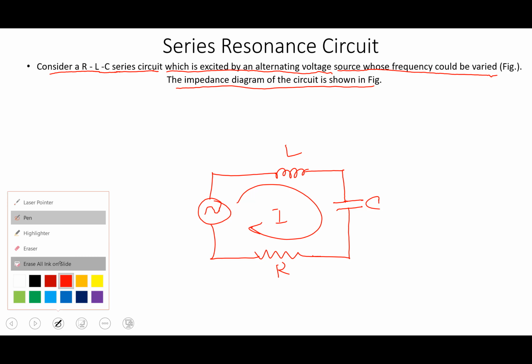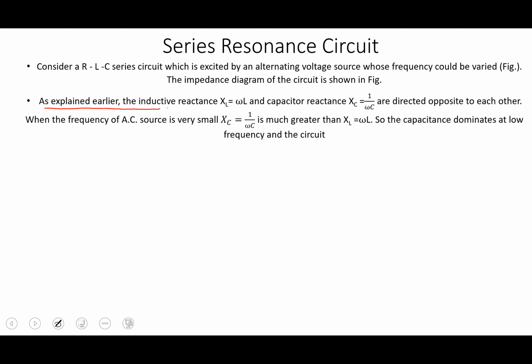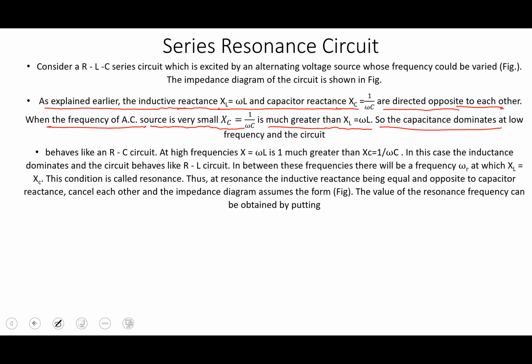Let's study that. As explained earlier, the inductive reactance is XL equals omega L, and the capacitive reactance is XC equals 1 over omega C, directly opposite to each other. When the frequency of the alternating current source is very small, XC, which is 1 over omega C, is much greater than XL, which is omega L. So the capacitor dominates at low frequency, and the circuit behaves like an RC circuit. At high frequency, XL, which is omega L, is much greater than XC, which is 1 over omega C. In this case, the inductor dominates and the circuit behaves like an RL circuit.